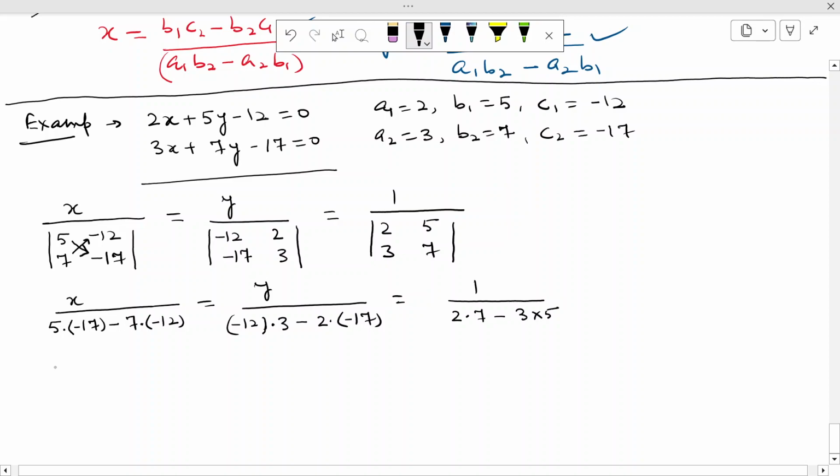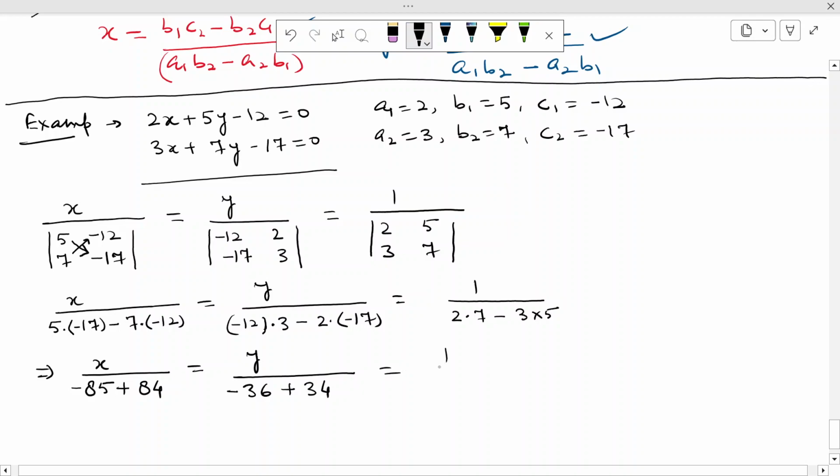So this will be x over, so this is 17 into 5 is 85, because 17 is with negative sign, so we are having minus 85. Now this is already we are having minus, so this minus and minus will become plus, and we are having 84. Next we are having y, and this is minus 36, and we are having plus 34.